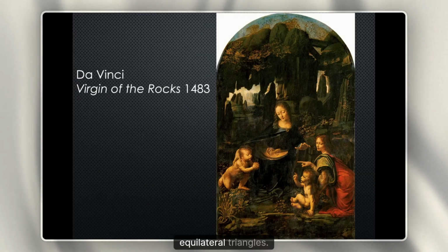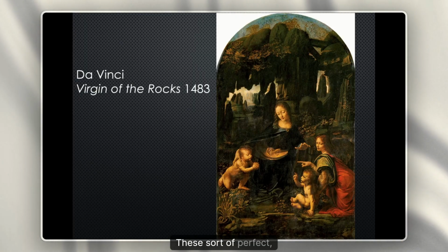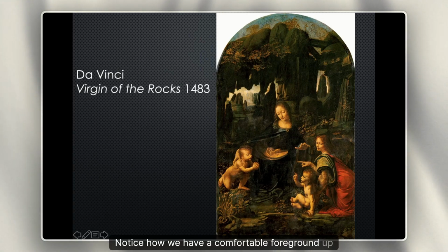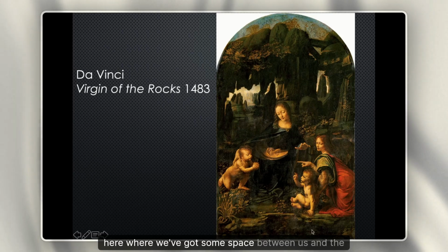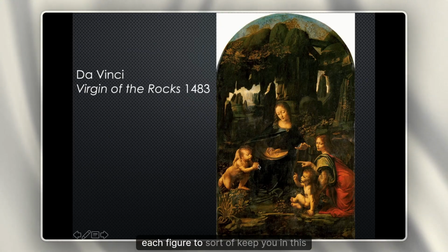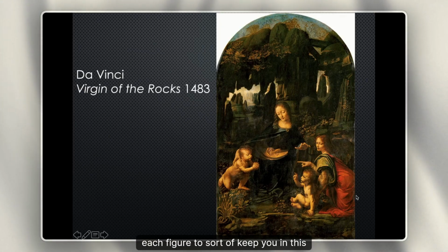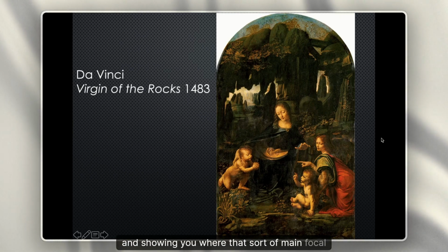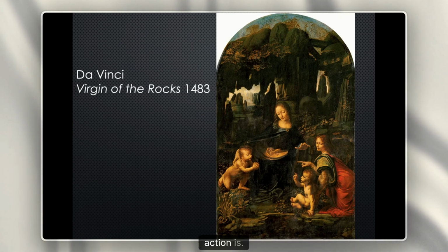Squares, circles, equilateral triangles, these perfect stable shapes are very High Renaissance. Notice how we have a comfortable foreground where there's some space between us and the main figures or action. You've got these interlocking gestures between each figure to keep you in this triangular loop and show you where the main focal action is.